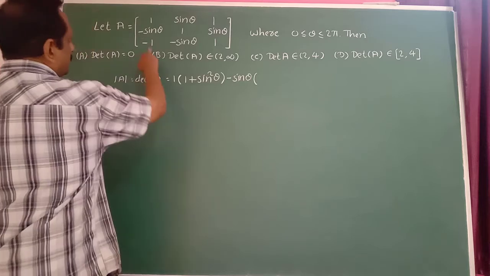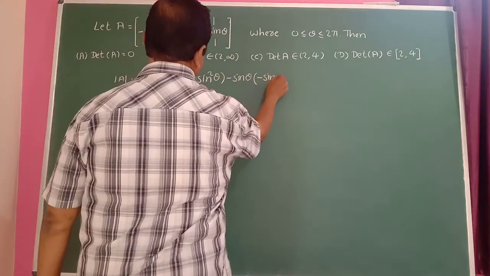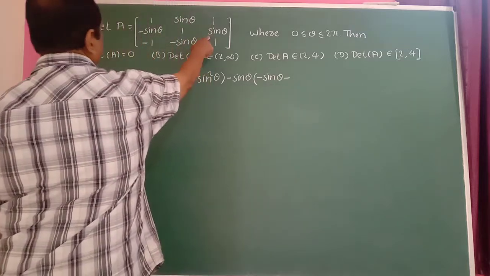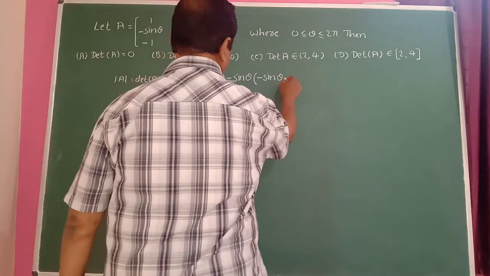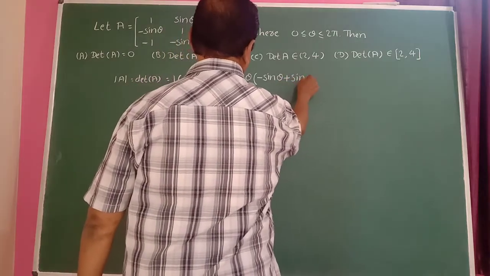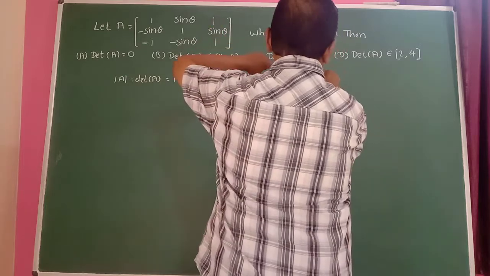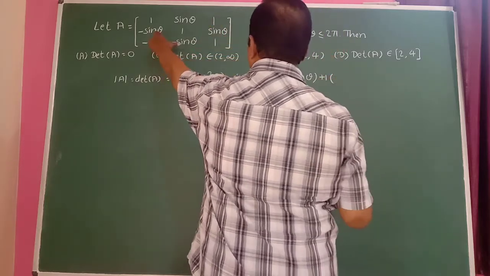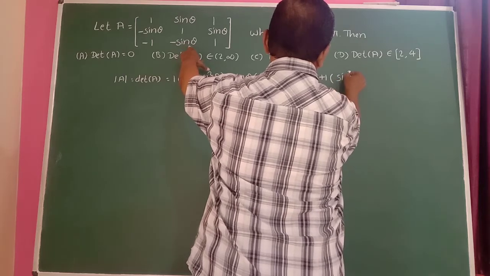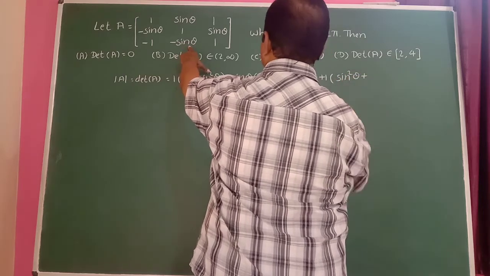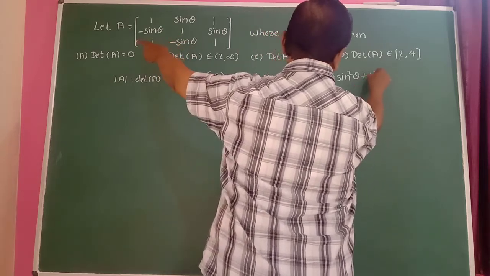Minus sin theta into 1 minus sin theta, minus sin theta into minus 1 is minus sin theta, minus into this minus becomes plus sin theta. Then minus sin into minus sin is plus sin square theta, plus 1 into 1 becomes 1.